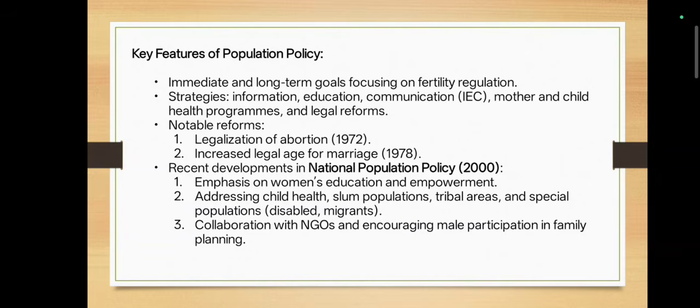Notable reforms included the legalization of abortion in 1972, raising the legal age of marriage in 1978, and later in 2000, focusing on women's empowerment and addressing vulnerable populations such as slum dwellers, tribal communities, and migrants. These reforms show how family planning is not just a medical intervention but a social and legal framework.